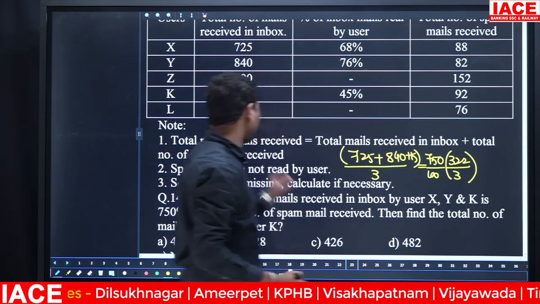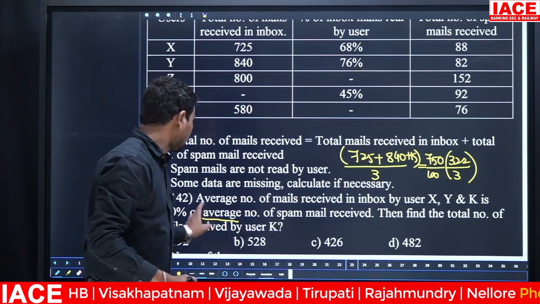This is also an average, clearly mentioned here.